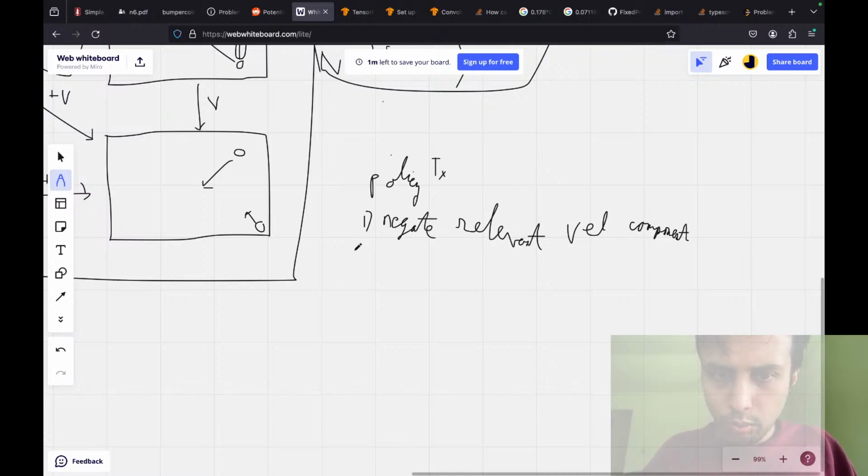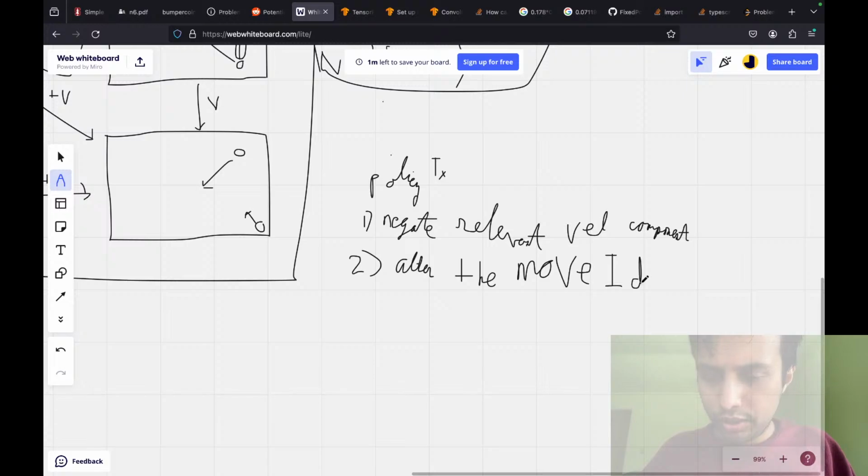And two, which I just remembered, is alter the move ID, or transform it. I'm not sure what the exact formula is, but let's just derive that.